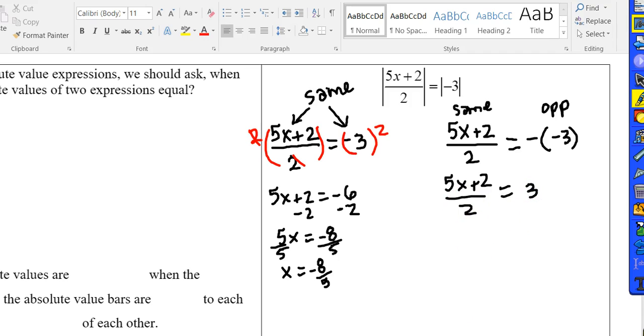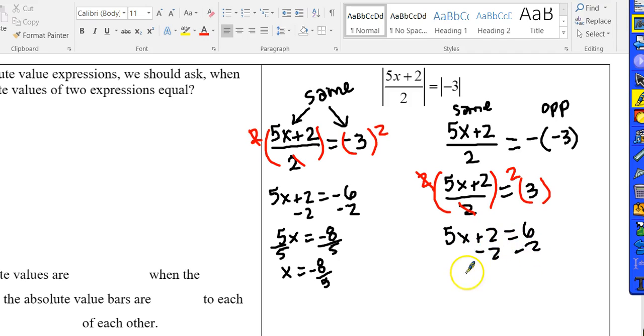Then we solve it going through the same process of clearing the fraction, multiplying both sides times 2: 5x plus 2 equals positive 6, subtract 2, 5x equals 4, divide by 5, and x equals 4/5. Okay? So what we're going to do now is check these two solutions.